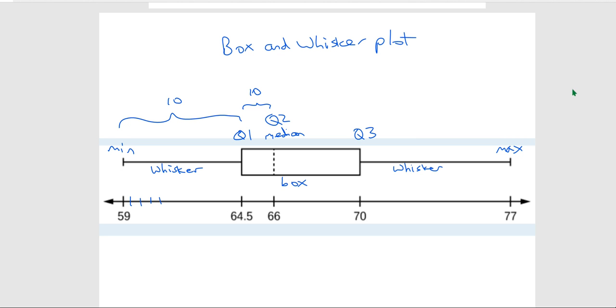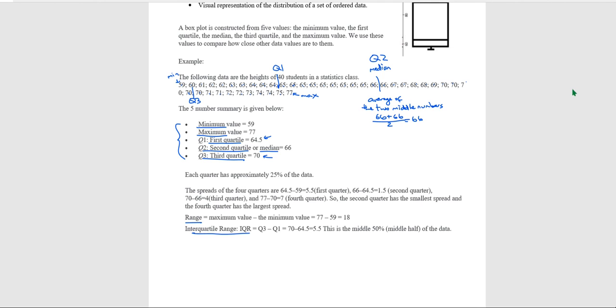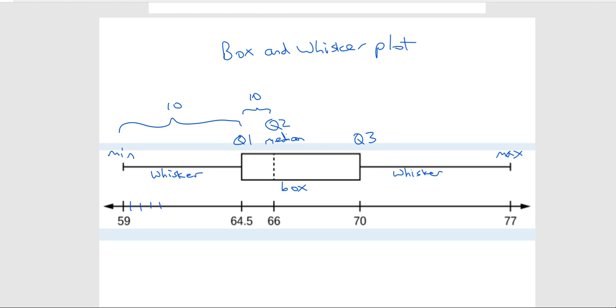So the numbers are very, very close together. If I look back at my data, I can see that for that second quartile, from Q1 to Q2, look at the numbers, 65, 65, 65, 65, and then 66. So there's not much spread between the numbers there. There's a bit more spread in the next 10 and a lot of spread in the last 10.